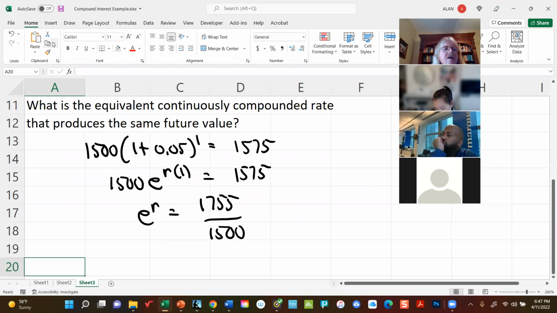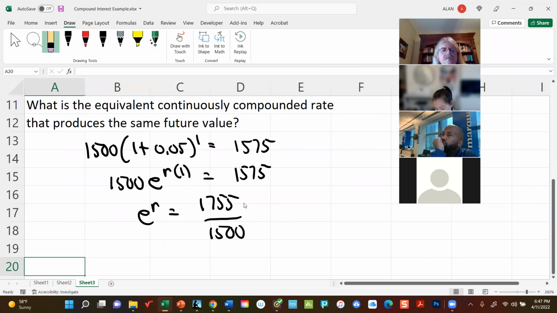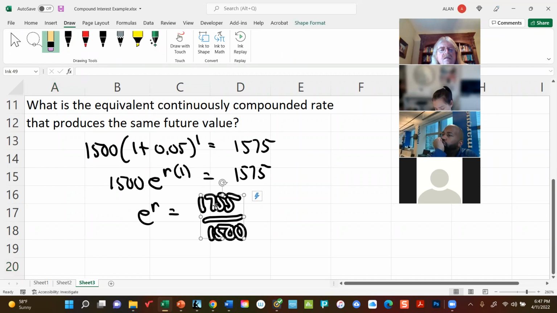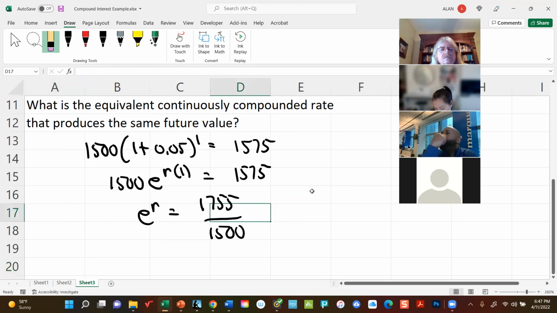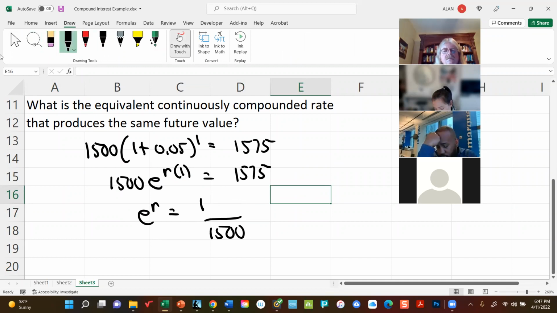Sorry, I wrote it wrong. And that worked out to be 1.05.